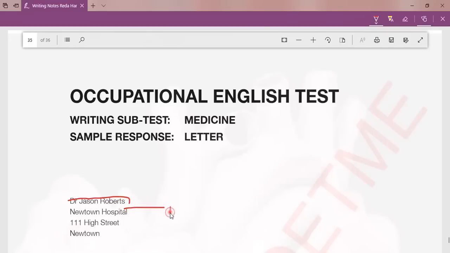Here it is missed, but should be written. Newtown Hospital, very nice. 111 High Street, Newtown. This is the first part you have done from the lower part of the task.